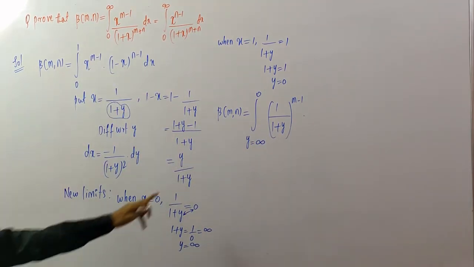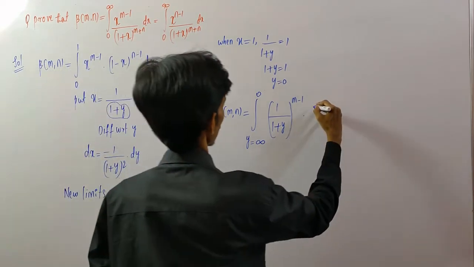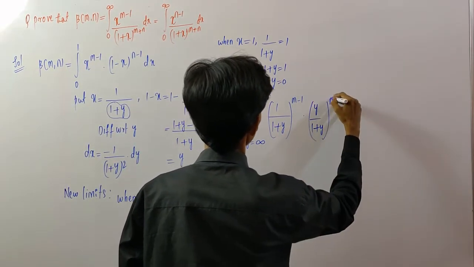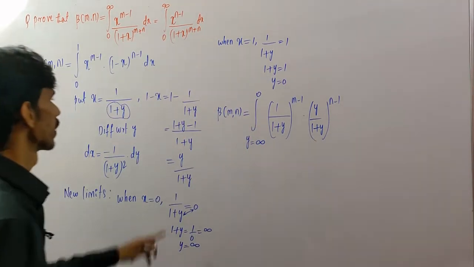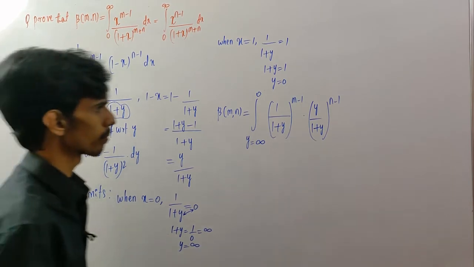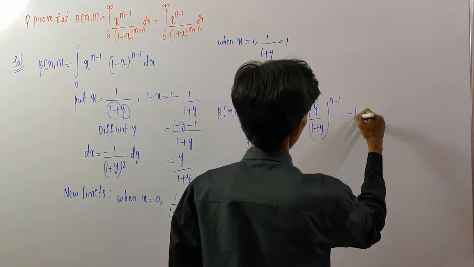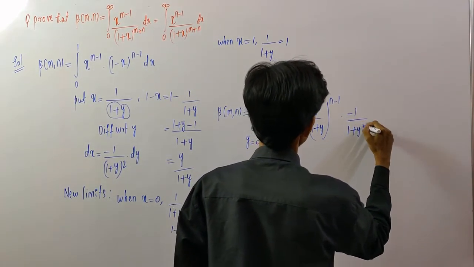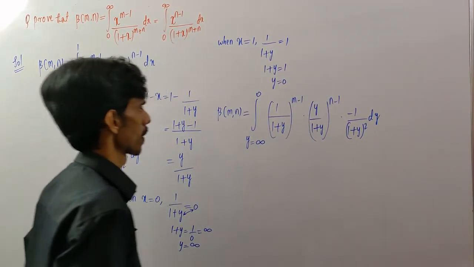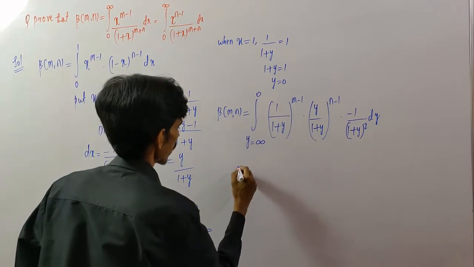The value of 1 minus x is y by 1 plus y, whole power of n minus 1. Here we have dx. The dx value is minus 1 by 1 plus y square dy.